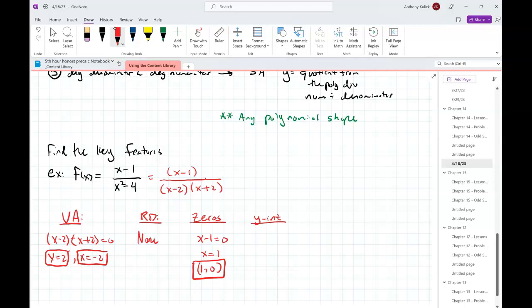How do I get the y-intercepts? Yeah, plug 0 in. And I'm going to use the non-factored form because it feels easier. So I get 4 there, so I have the y-intercept at 0, negative 1/4.